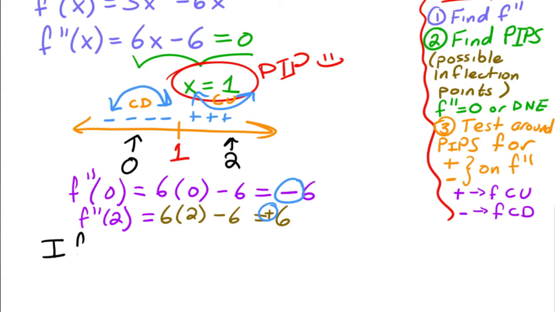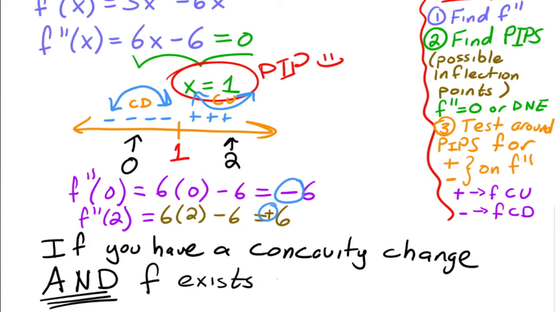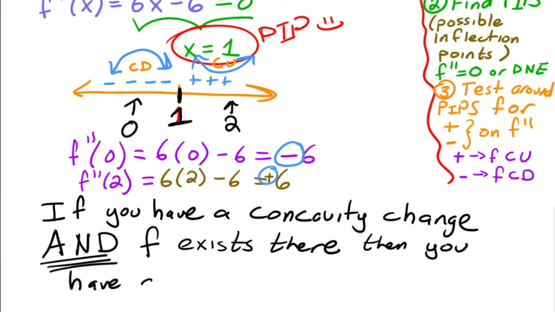So if you have a change in concavity, and this is really important, this part right here, and the function exists there, at that point, if it changes and the function exists there, then that means that you have an inflection point.